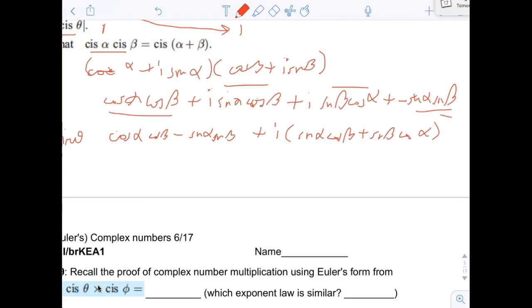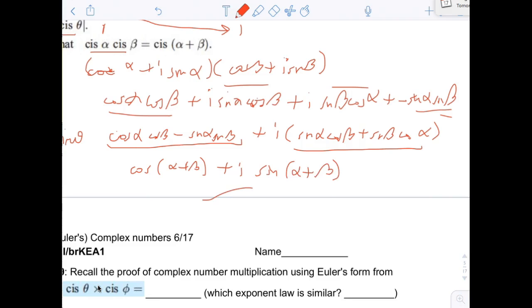And so cosine alpha cosine beta minus sine alpha sine beta, that is the trig identity, the cosine of a sum. So cosine alpha plus beta. And then it will be plus i, and the trig identity for this one is going to be the sine of a sum. Okay, that's it for page 5.